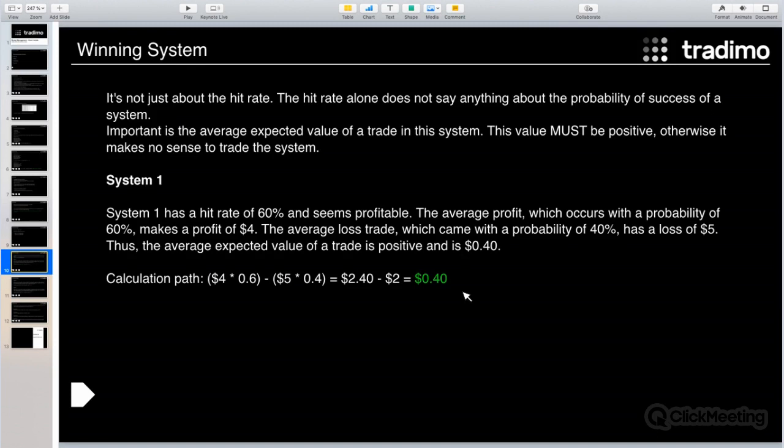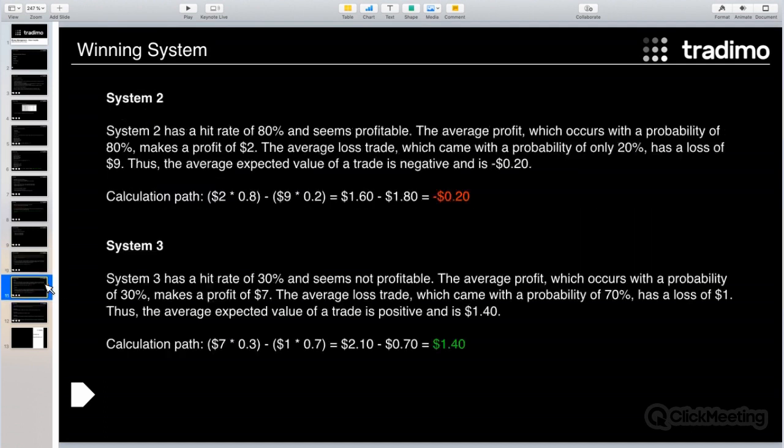So the expected value of the first system with these numbers is plus 40 cents, and this is positive. So you can trade this kind of system.